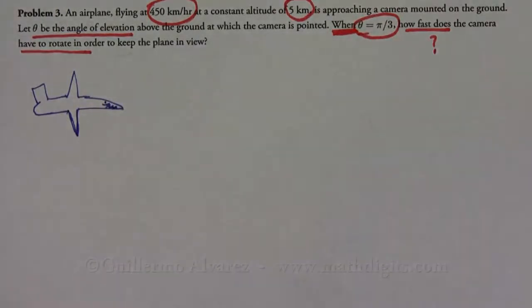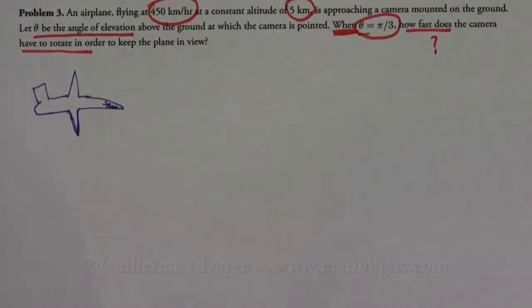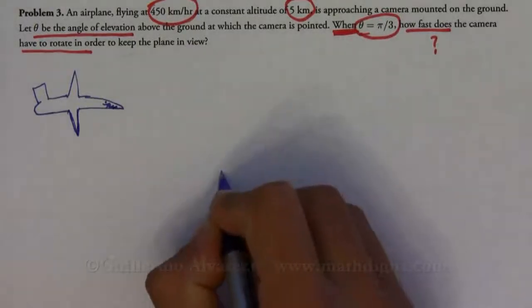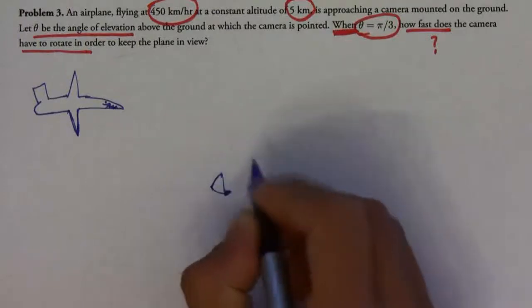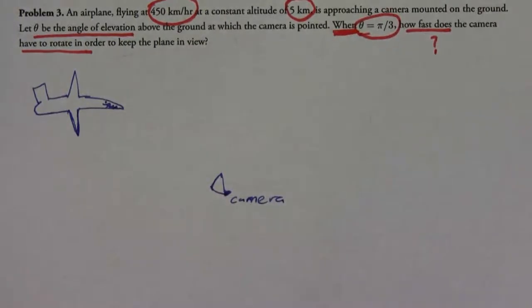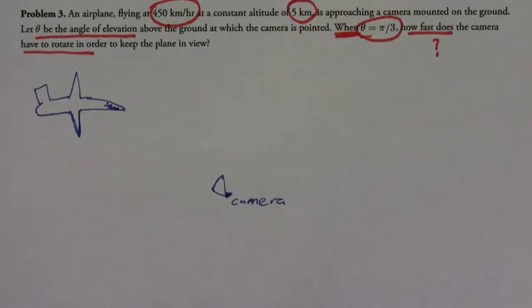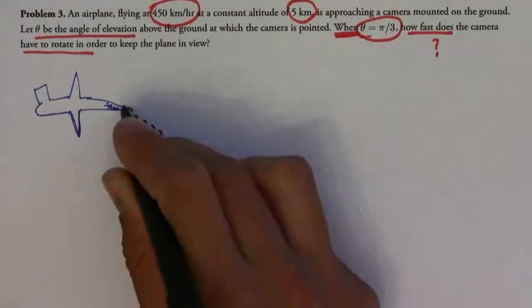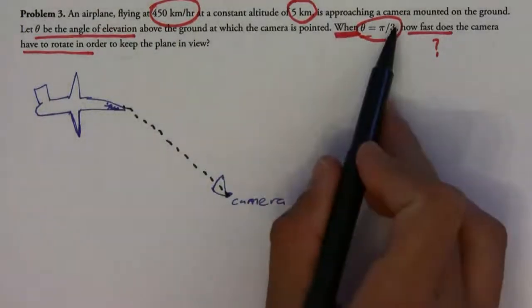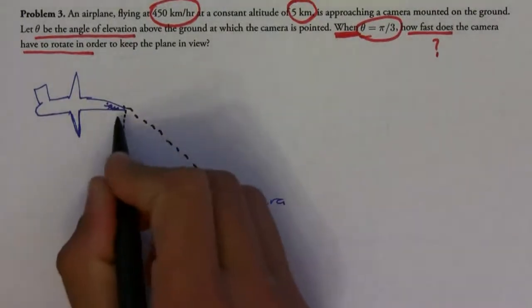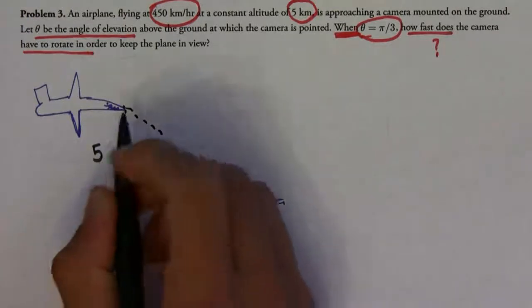There we go, that's my plane. Okay, and then we have a camera down here on the ground, right here. This is the camera. And so here, this camera is pointing towards the plane, and the elevation of the plane from the camera is going to be 5 kilometers.